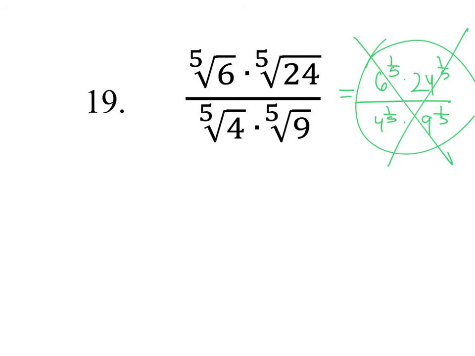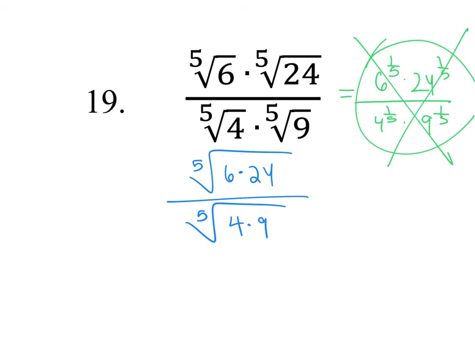But what we do know is that if our indexes are the same, you can multiply and divide what's underneath the radical. So this is just going to turn into the 5th root of 6 times 24 all over the 5th root of 4 times 9. Okay? And for these, you cannot just be jumping to answers. You got to show your work.